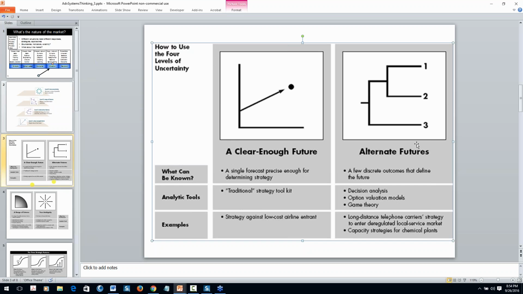In the alternative futures, again, there's a few specific discrete outcomes defining the future, and we use decision analysis and consider what the different payoffs might be for the different strategies that we propose, and see how those competing strategies work in scenario 1, 2, or 3, and then we can use some decision analysis to decide what it is that we want to do.